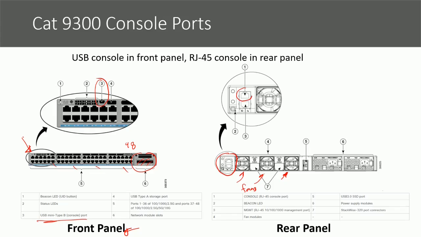This port is the console port or RJ45 console port, and this port is the out-of-band Ethernet management port. So this is OOB and this is RJ45 console. So if you need to access any of these ports, you need to look at the back of the switch.